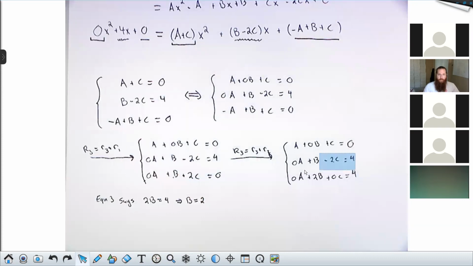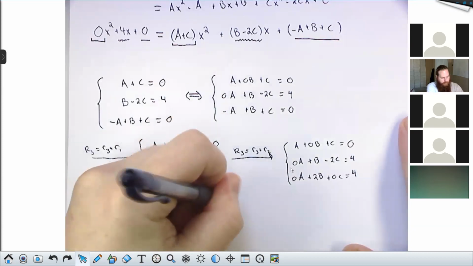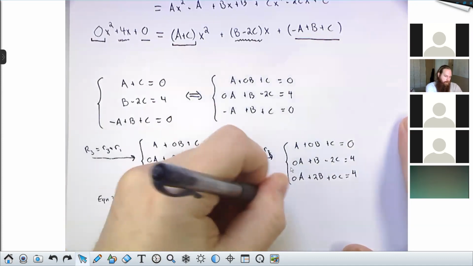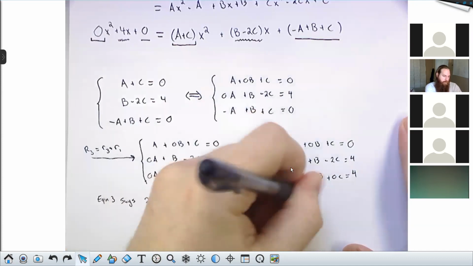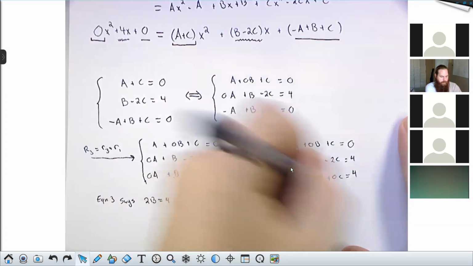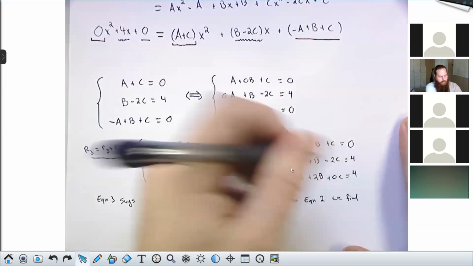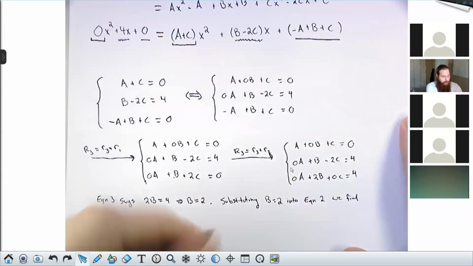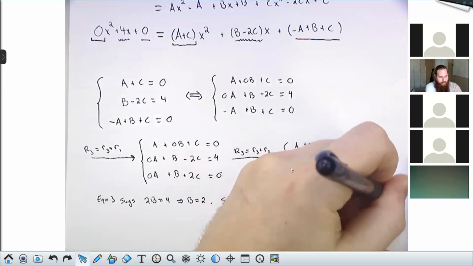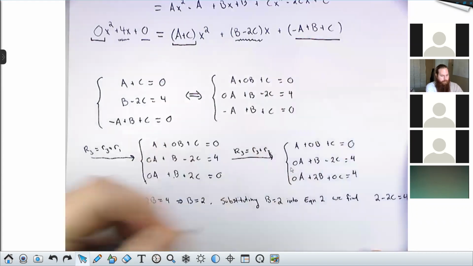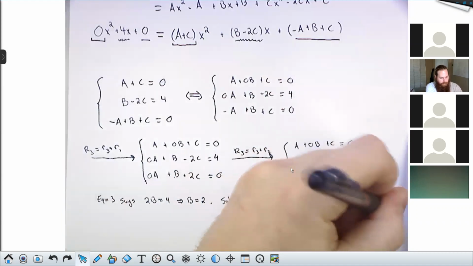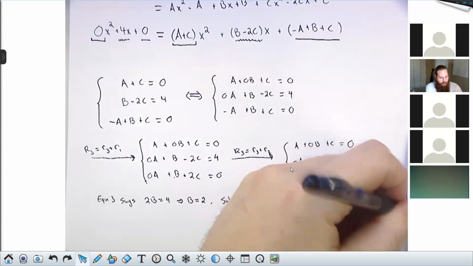And if you back substitute that into equation 2, what does this say? This says b minus 2c equals 4. So that's 2 minus 2c equals 4. Subtract 2 from both sides, and you get negative 2c equals 4 minus 2, which is 2.